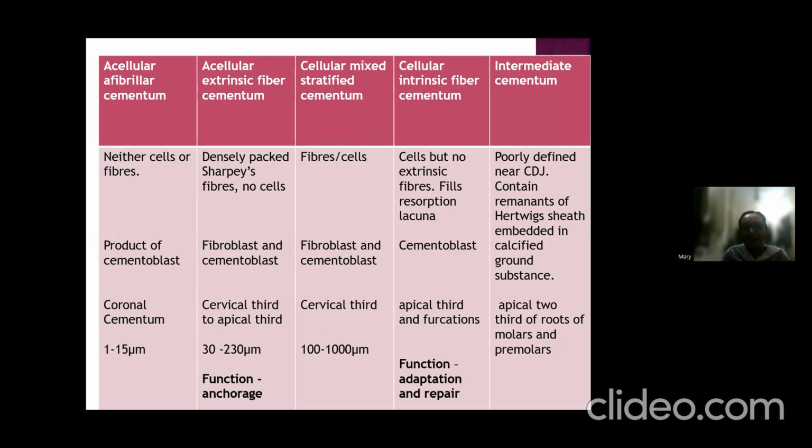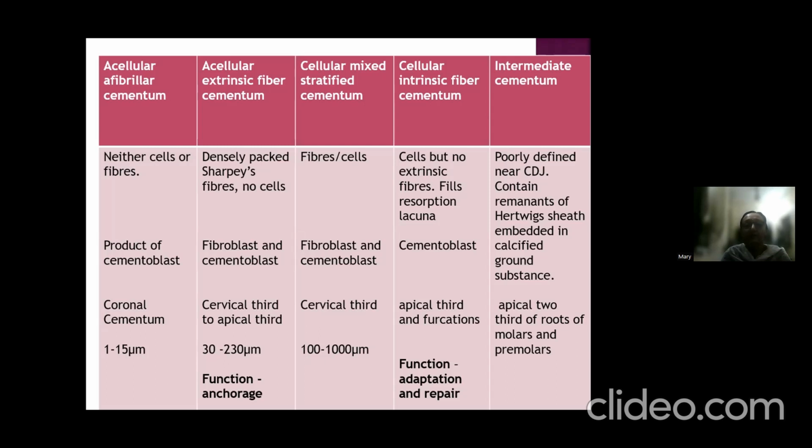Coming to the second type, acellular extrinsic fiber cementum contains no cells, but has the extrinsic fibers, that is, densely packed Sharpey's fibers. They are mainly derived from fibroblasts and cementoblasts. They occupy the cervical third to the apical third of the root. They are 30 to 230 micrometers in thickness, and the main function is anchorage.